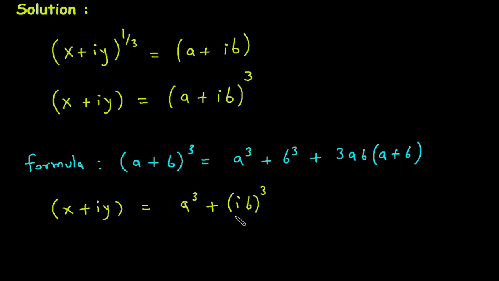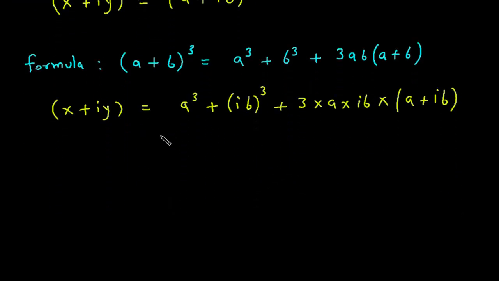So this will be a³ + (ib)³, then plus 3 into ab, so a is a and b is ib, then multiplied by a + b, so again a is a, plus b is ib. Now again we will simplify this further.